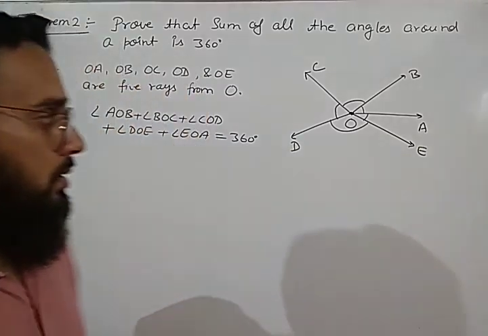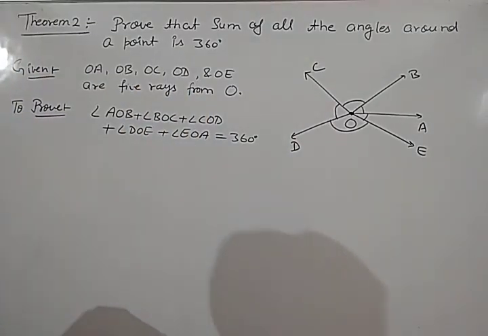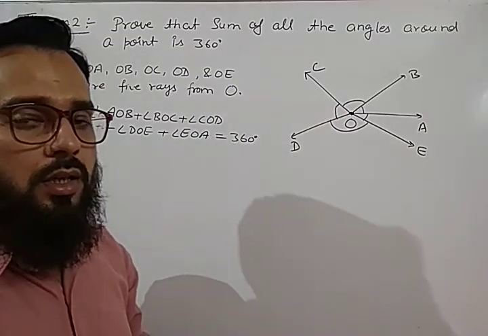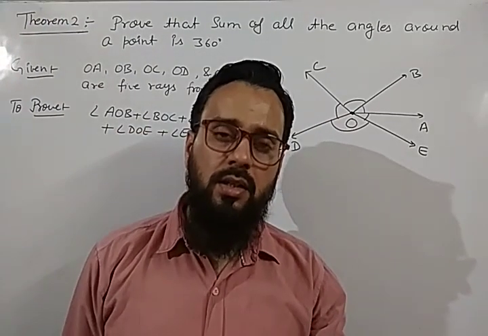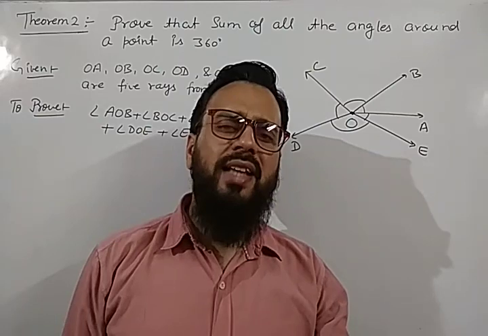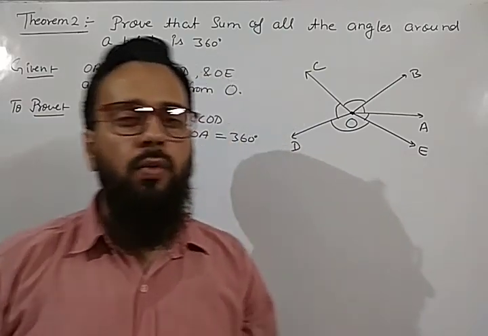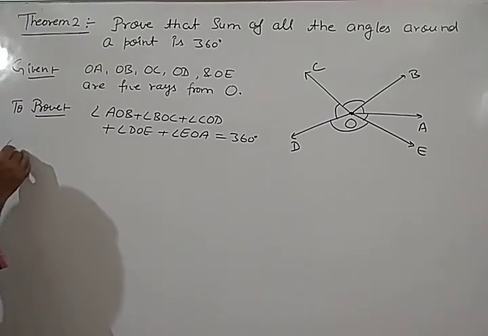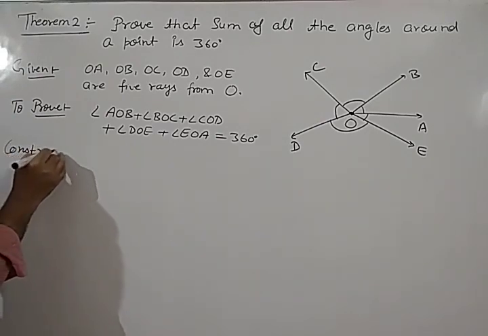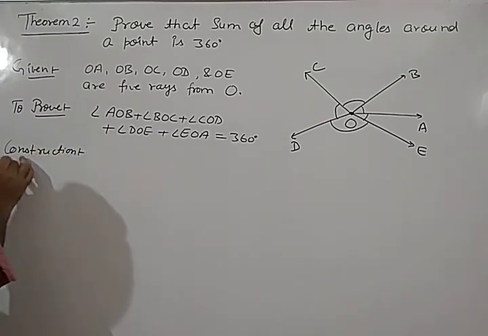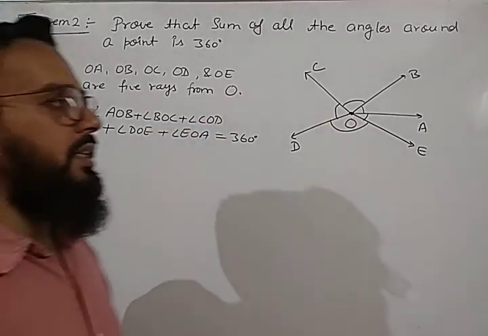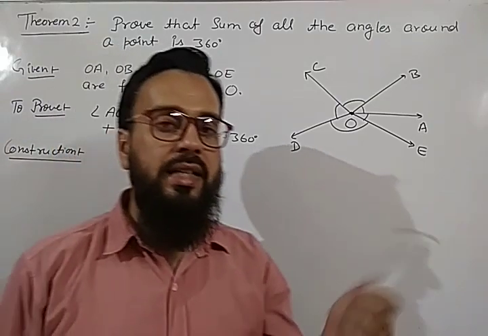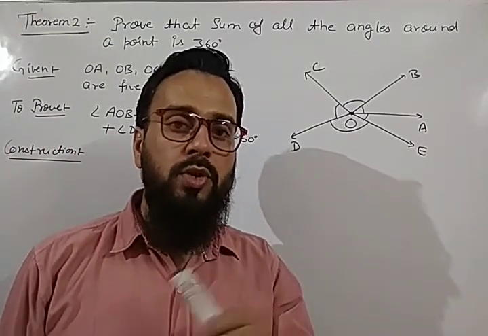Okay. So for proving this, we will use the previous theorem which we have already discussed. The sum of linear pair of angles is 180 degree, or the sum of all the angles on a straight line is always 180 degree. So for that we have to do a construction here, because we have not given any opposite ray, and that property of adjacent angle for linear pair is applicable for 2 opposite rays.